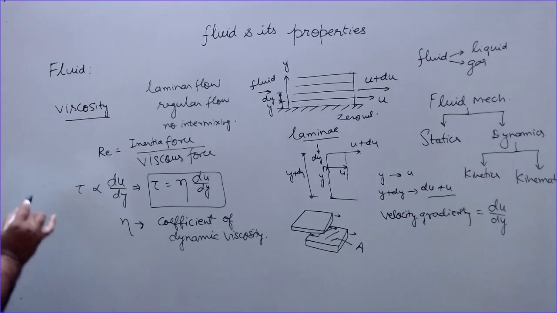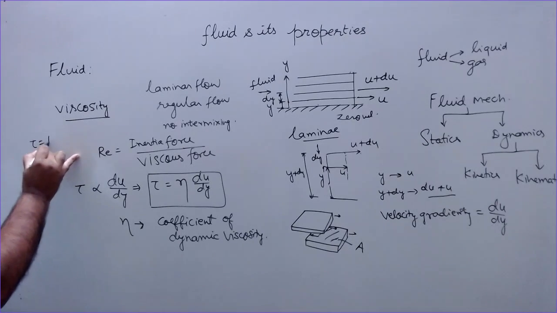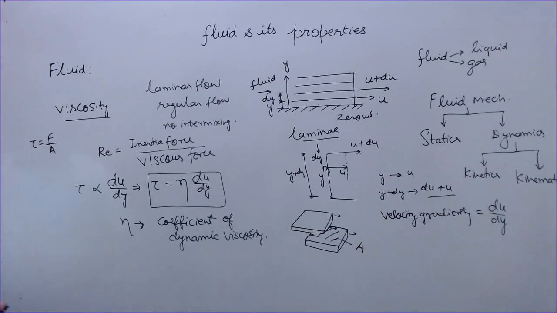And you know that stress is force per unit area. So I can write that the force acting, which offers the resistance which causes the shear stress between these two layers, is equal to A eta du divided by dy.